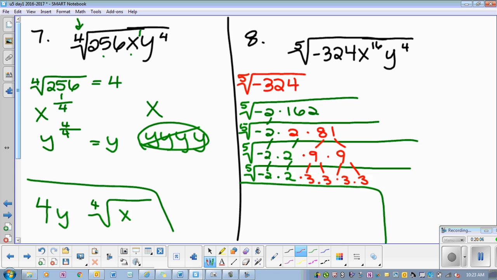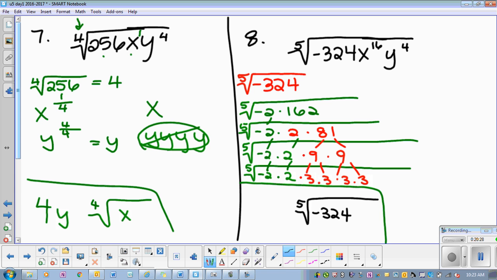Okay? So this is one of those weird ones where, all right then, fifth root, nobody can come out, so let's all just stay in. Negative 324. Okay? It just feels so weird because it's such a big number. I feel like we should be able to bring something out. We can't. Okay?